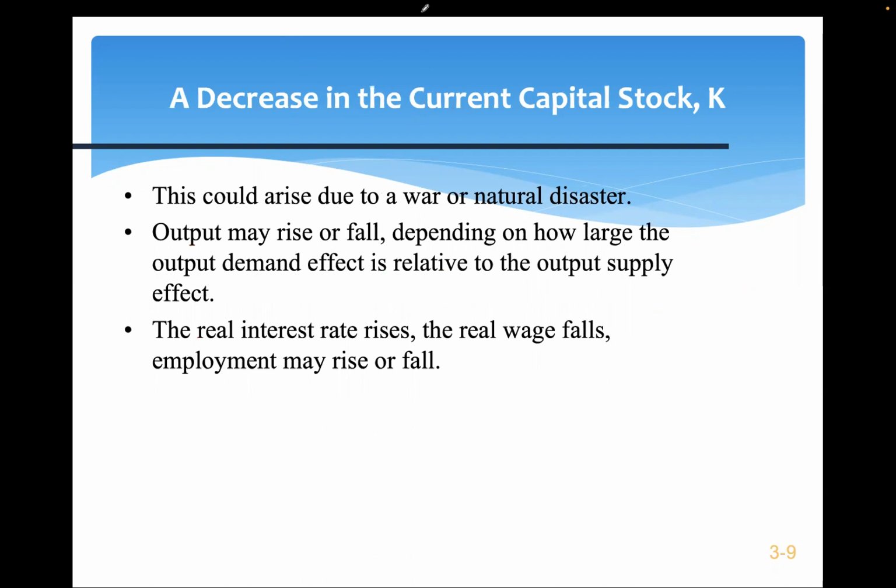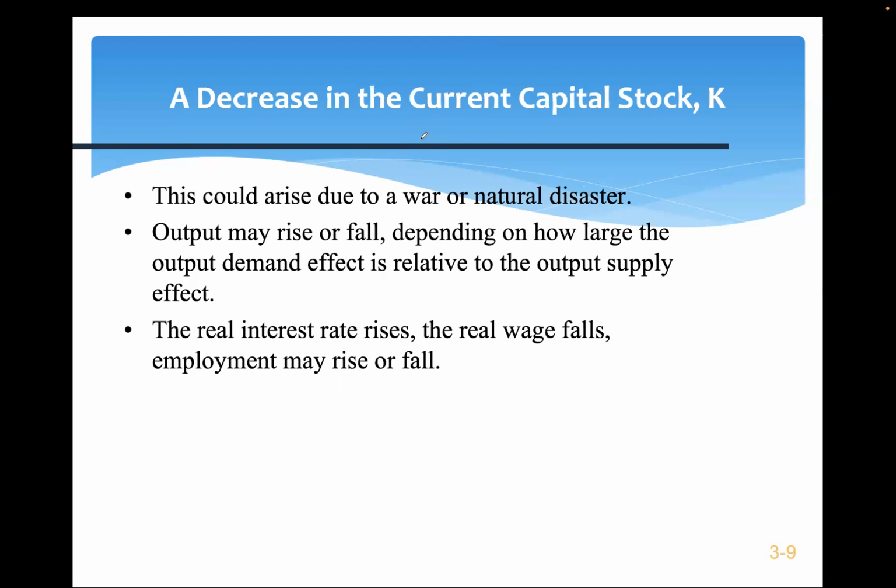Okay. Just imagine if there's a natural disaster. Right? So this natural disaster causes a big drop in the capital stock. Okay. Just to give you an example. Okay. So every year, maybe there's a hurricane season in the south.